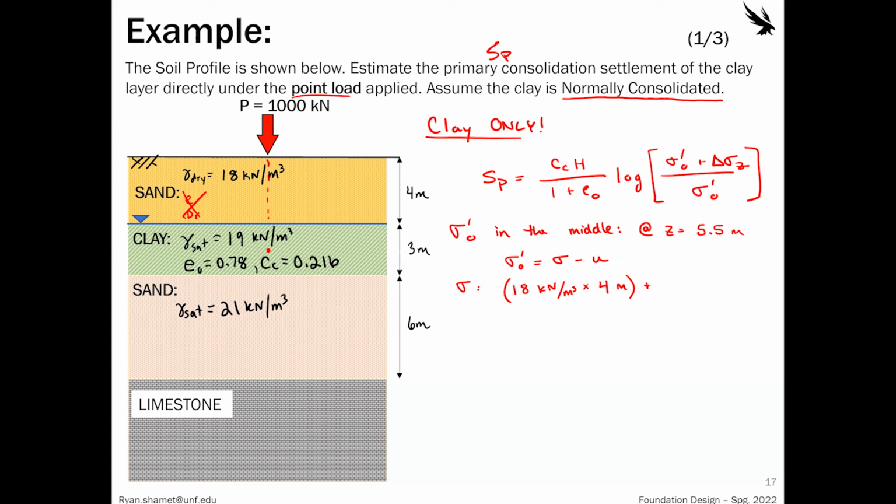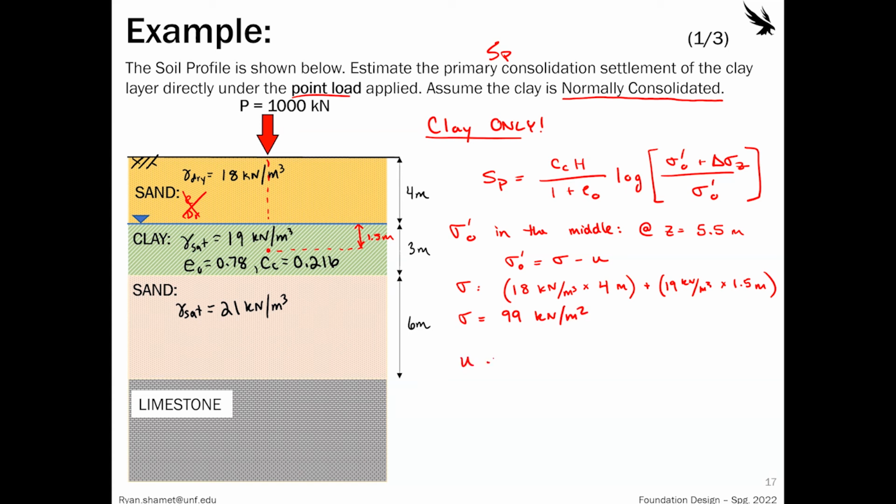And then we are taking it in the center here, so we only have 1.5 meters above that point. So we have our 19 kilonewtons per cubic meter times 1.5 meters. We see our total stress should be close to 99 kilonewtons per square meter.